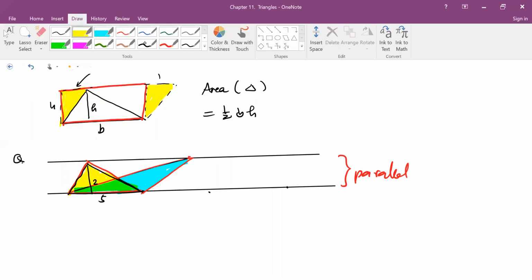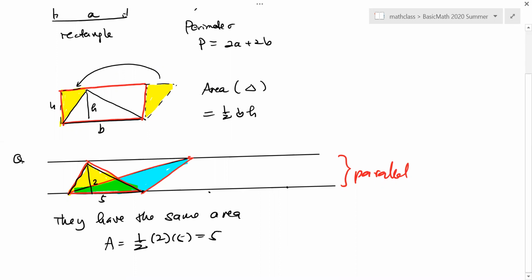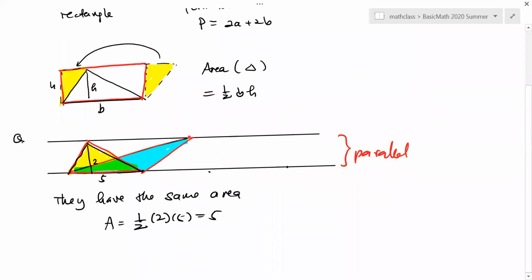So those 2 triangles, because the base is 5 and the height is 2, have the same area, which is going to be 1/2 times 2 times 5, which is equal to 5 square units. It doesn't matter how long this triangle is.